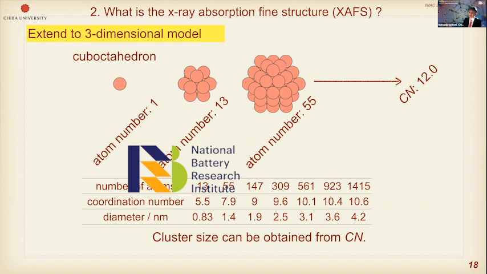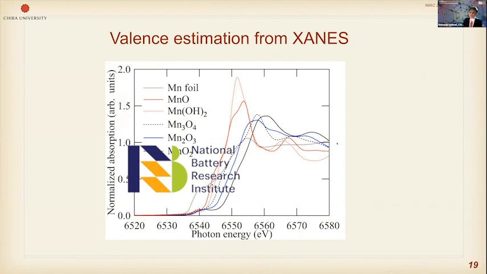And higher, a coordination number of 10 means a diameter of about 3 nanometers. So cluster size can be obtained from coordination number. So coordination number is a very important point of the XAFS analysis, XAFS understanding.